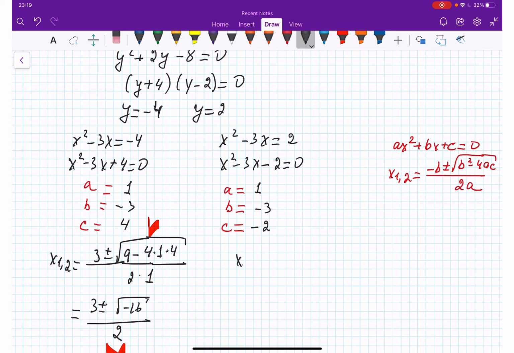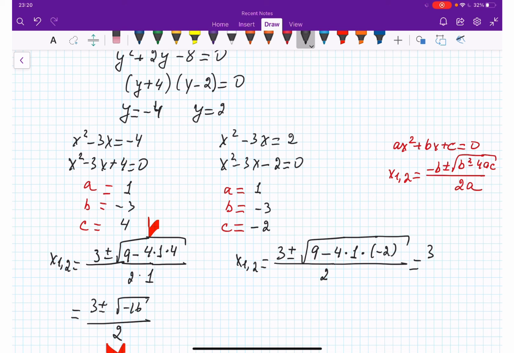From here, x1,2 is equal 3 plus minus square root of b squared, which will be 9, minus 4 times a, which is 1, times c, which is negative 2. And we are getting divided by 2a, which is going to be 2.